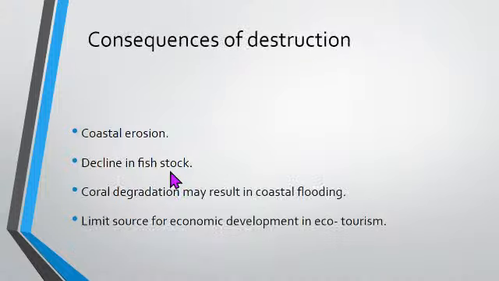Okay, so you would have a decline in fish stock. If you break up somebody's house and they have nowhere to live, they're going to find somewhere else to go. While they're going there, they might die, but they will still find somewhere else to go. They're going to leave. So you will end up with a lot of migration taking place. So that will in essence decline the fish stock that the fishermen are able to catch.